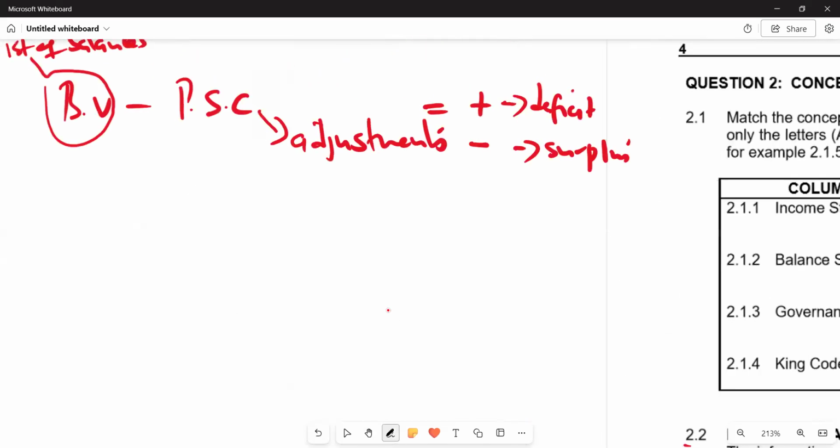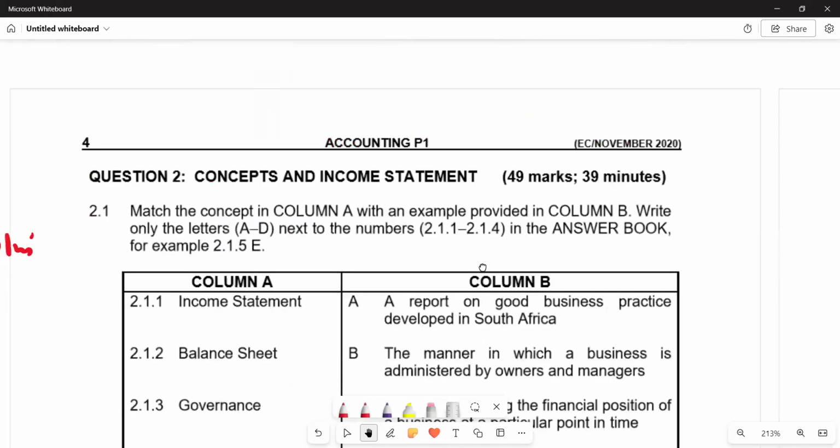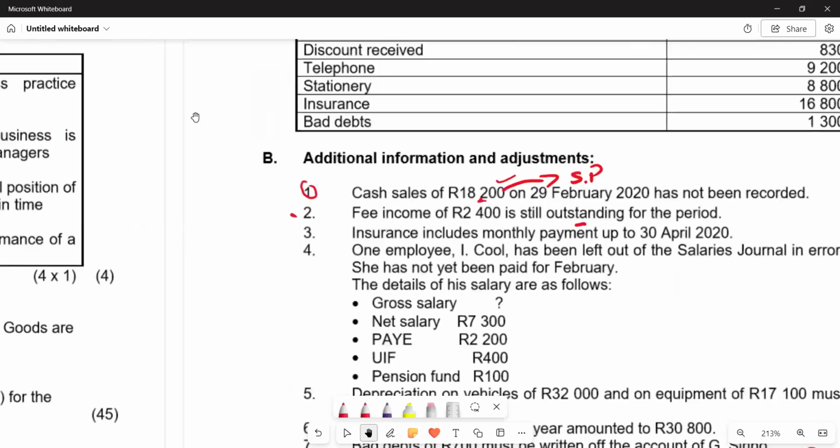So our book value, you've got 231,000. Let's just try to see. We have got our 231,000 representing our book value. But then we need to check if there's anything that is affecting our book value. The adjustments that affect our trading stock affect book value. They don't affect the physical stock count figure.